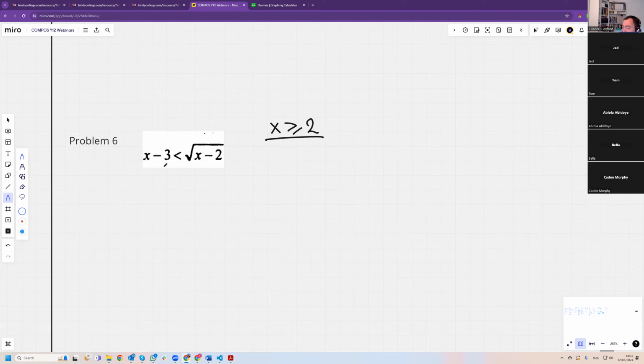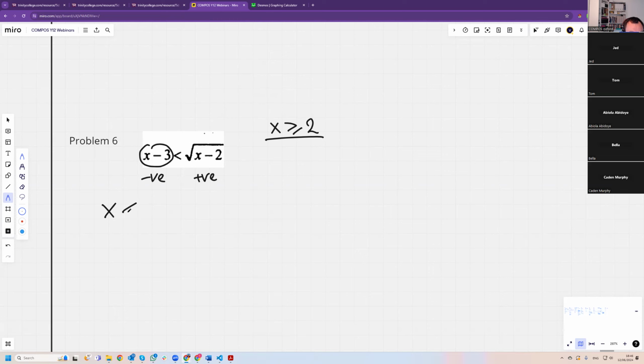Now, you want to square it, but you're not allowed to square it until you make sure they're both positive. So you need to see, what if they're not positive? Well, if this one is negative, it's definitely going to be less than the square root, because the square root is always positive. So if this is negative, then this is always true.